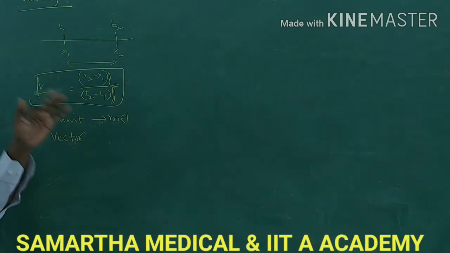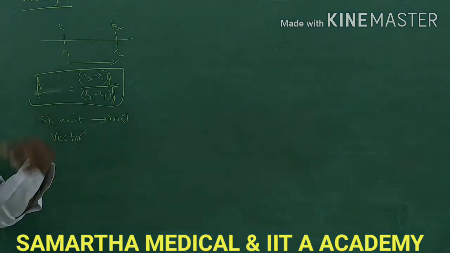Triangle law, parallelogram law, polygon law, anyone. So if a physical quantity has both magnitude and direction and also obeys vector laws of addition, then only you can say that it is a vector.